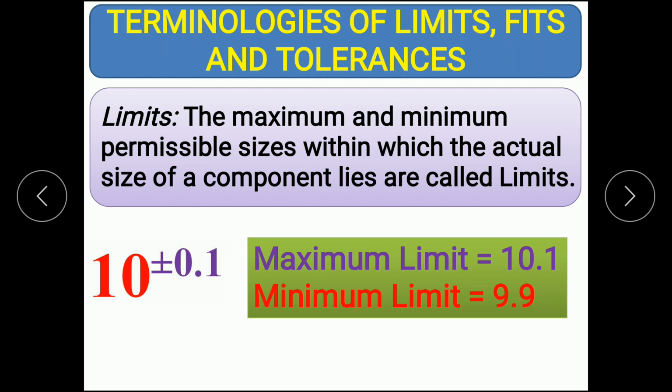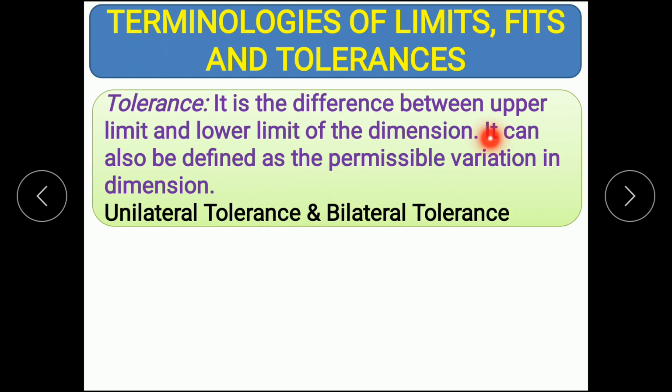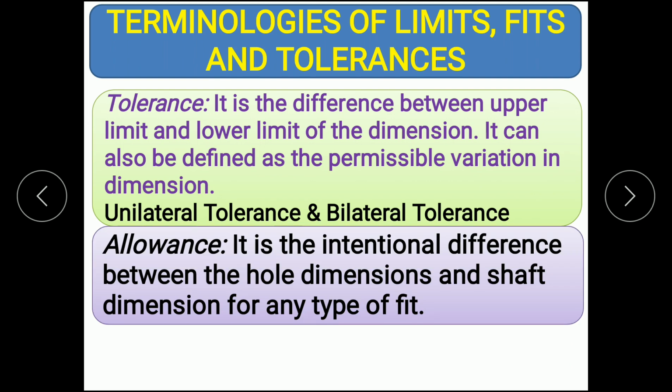A 0.2 variation is allowed. That is why tolerance can be defined as the permissible variation in dimension. Tolerances are again classified into unilateral and bilateral. We shall see the tolerance in detail in the next slide.